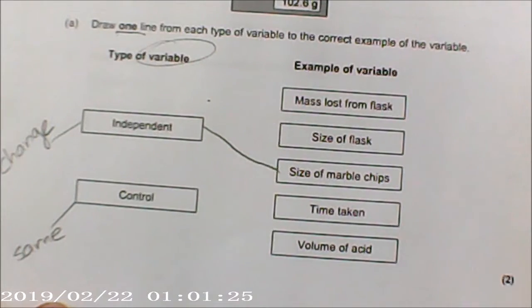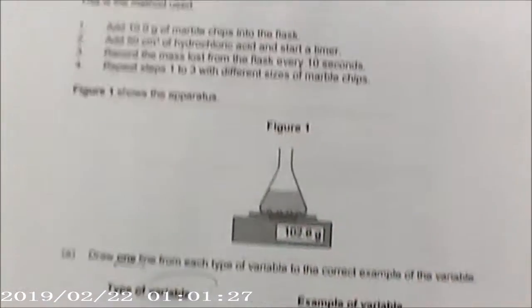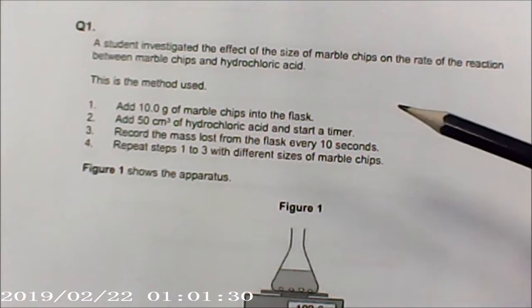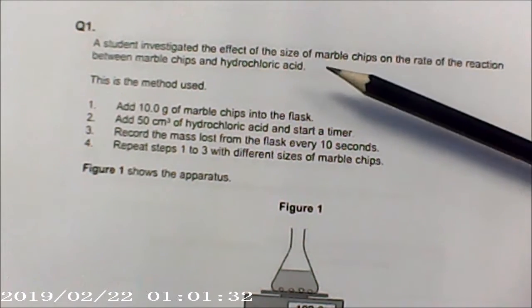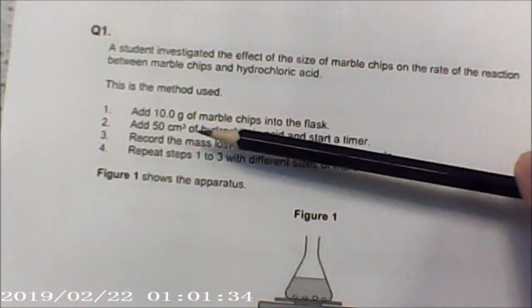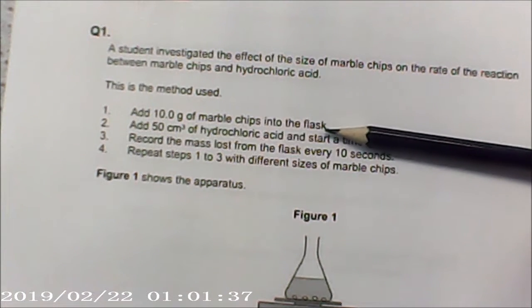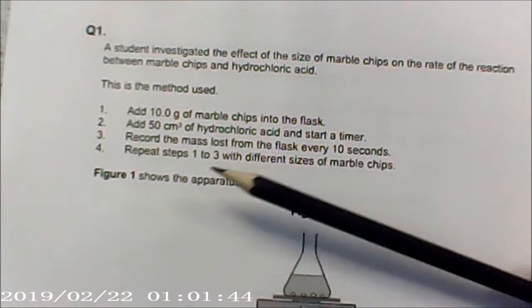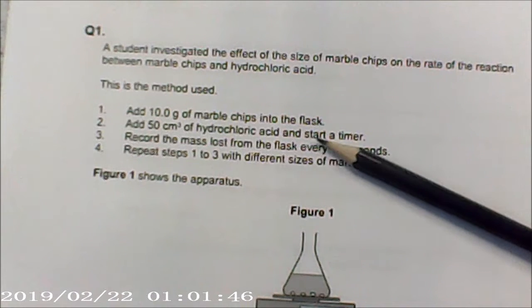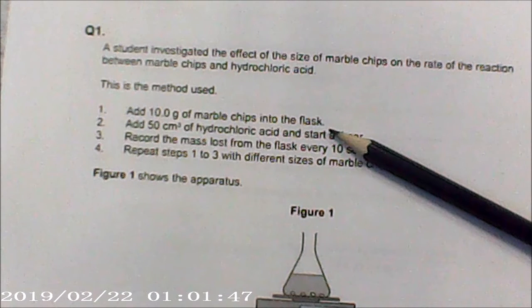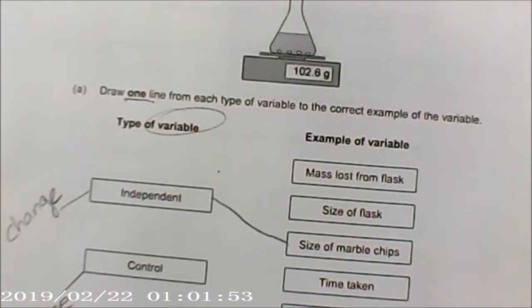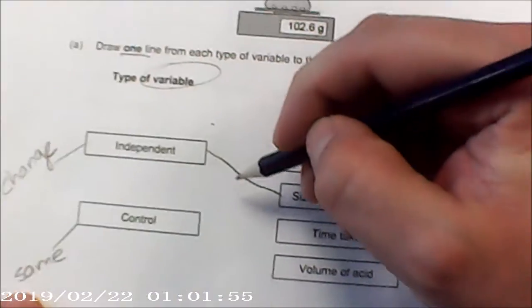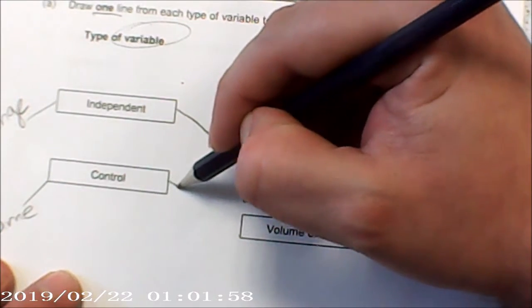A control variable, well, that information is given in the method, so you need to look at something that they have kept the same every time. So they've added 10 grams of marble chips in the flask, so the mass is staying the same, but that is not one of the options. Add 50 centimetres cubed of hydrochloric acid, so they are keeping the same volume of hydrochloric acid. Is that one of the options? It is. So that is our control variable.